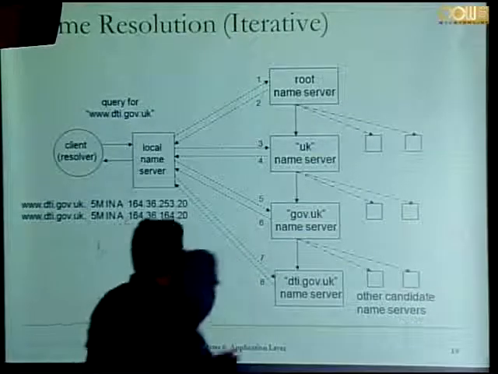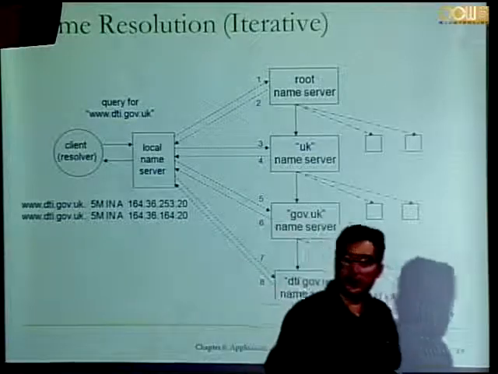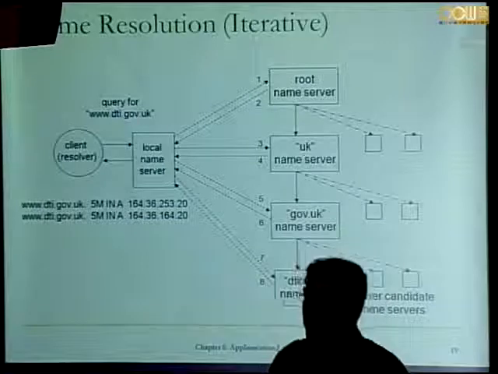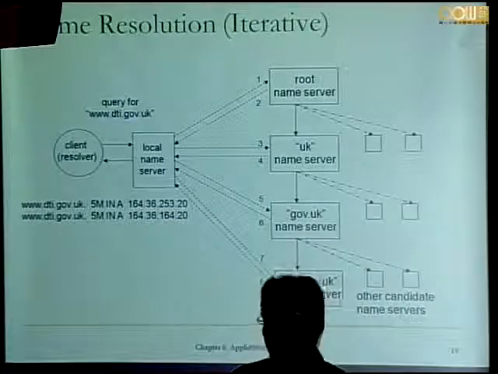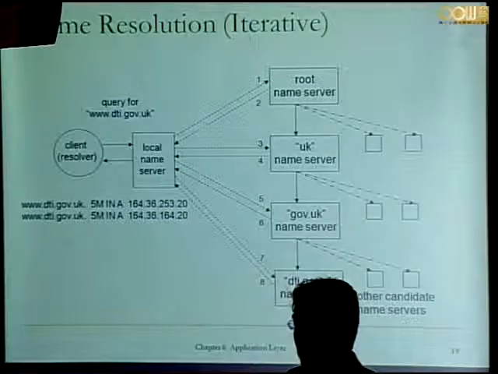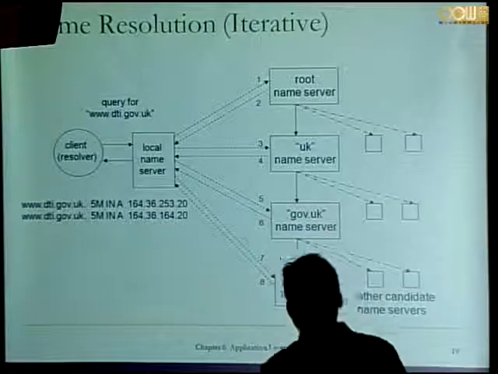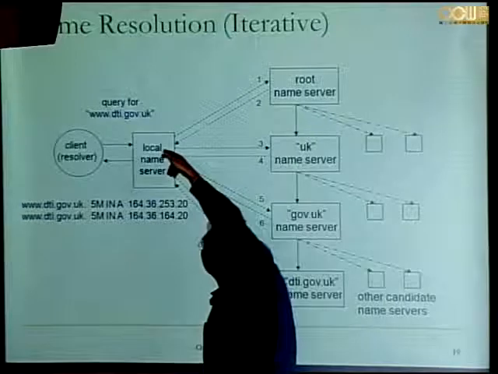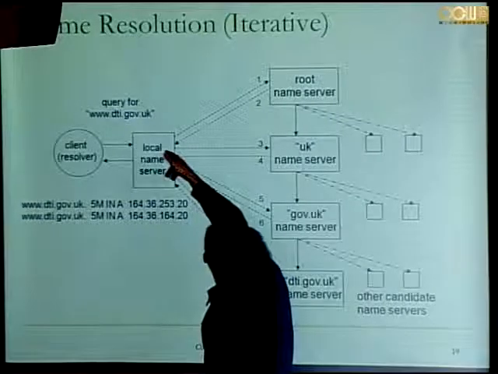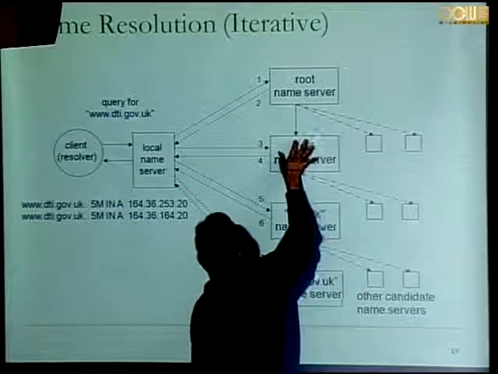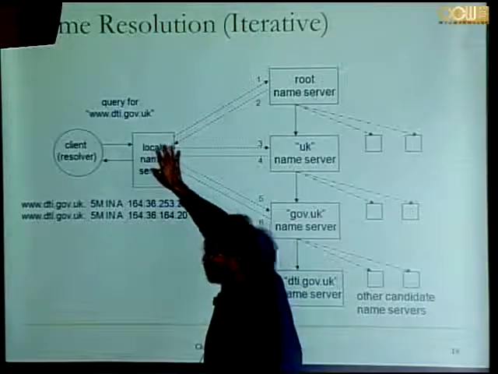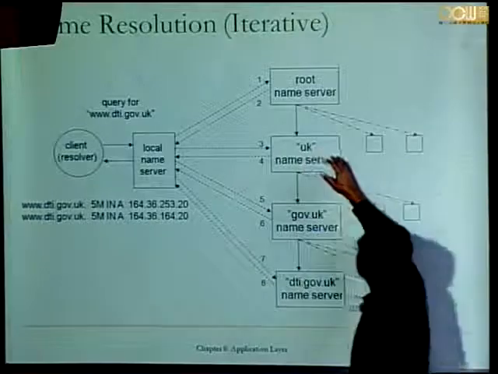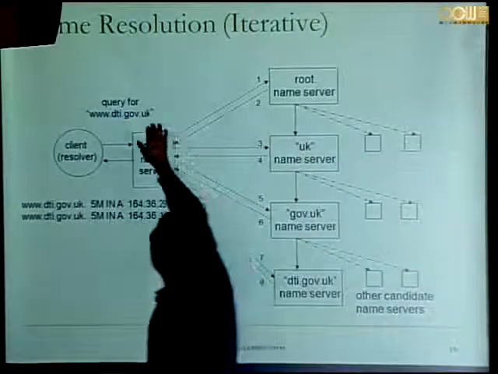But it knows the name server which is in charge of the UK domain. So it will respond telling you to ask this name server. So you know the IP address of the UK name server, and you ask the UK name server about this.